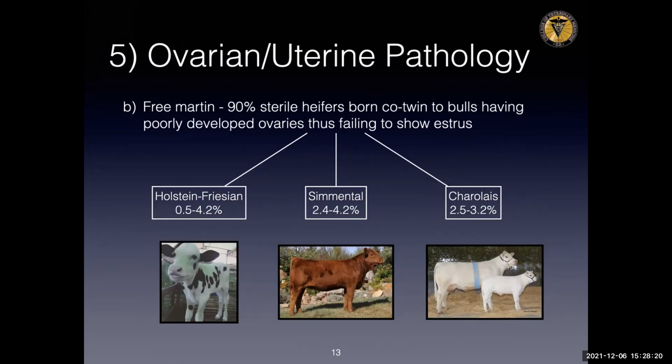The minimum prevalence is really close to each other, 2.4 to 2.5. But at least for Holstein Friesian, the starting prevalence is low.